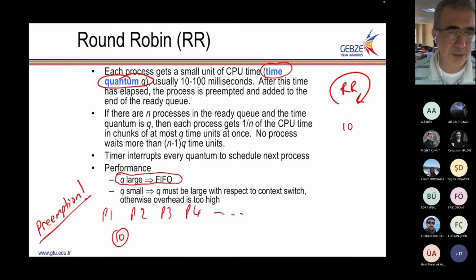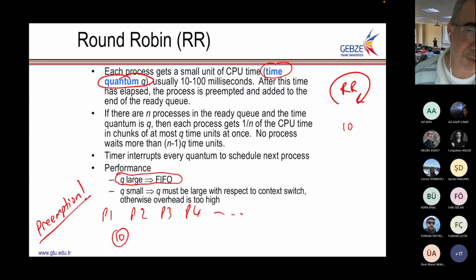Why is it short? Because there is a switching time. Switching time is 1 minute. So 20% of the time is spent going from one car to another car. Therefore, the time quantum should be comparably bigger than switching time. That is one idea.